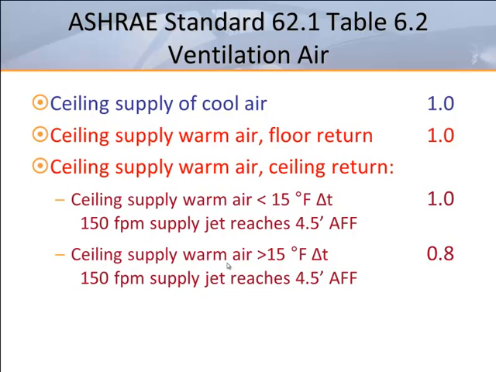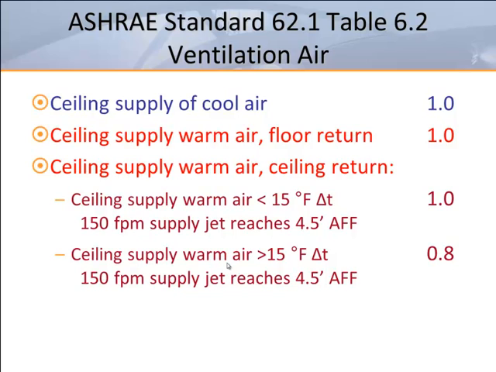Table 6-2 shows that, for spaces with a ceiling return, to be able to use an EZ factor of 1.0, the throw to a terminal velocity of 150 feet per minute must reach 4.5 foot above the floor level, and the maximum temperature difference of the supply to room air must be 15 degrees Fahrenheit or less.